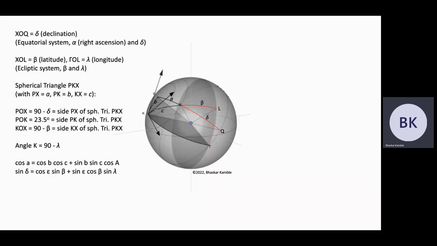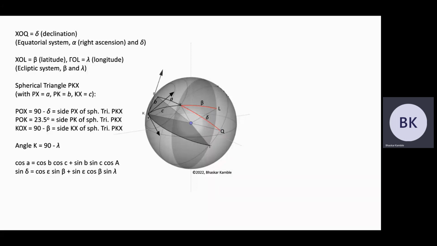So what is the angle between this arrow and this arrow? Well, let's have a look. First of all, the angle between this arrow and this arrow is nothing but the longitude lambda, because you can verify for yourself that it is the same as the angle LO gamma. So this angle is lambda, and so this angle is also lambda.